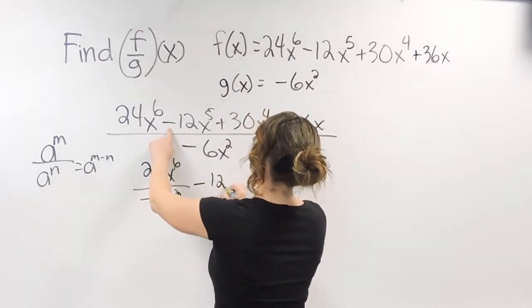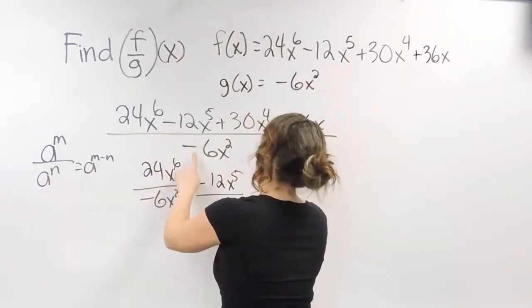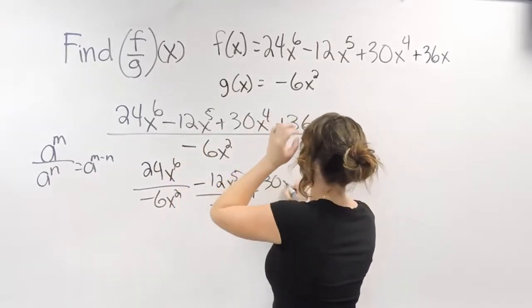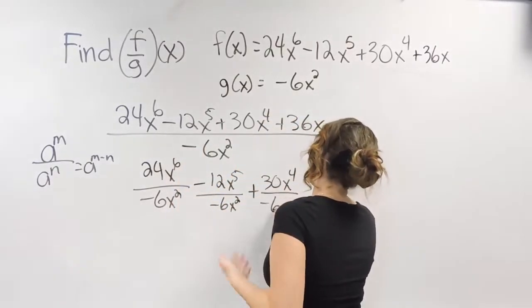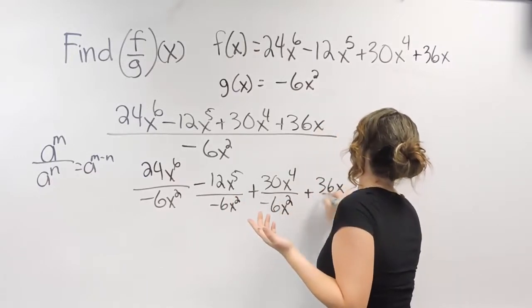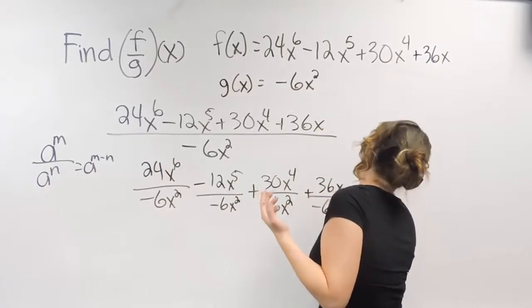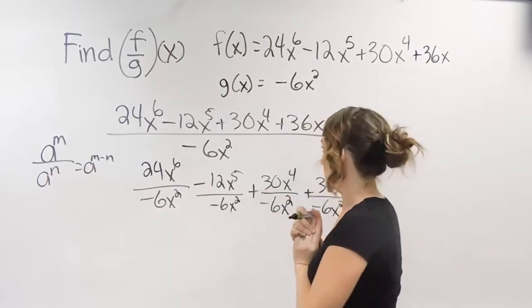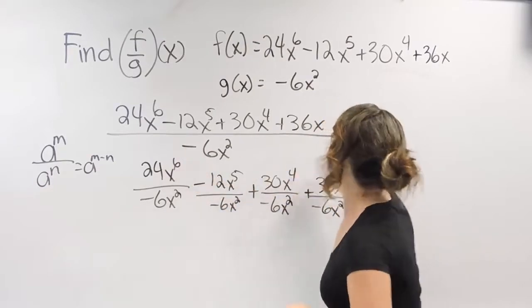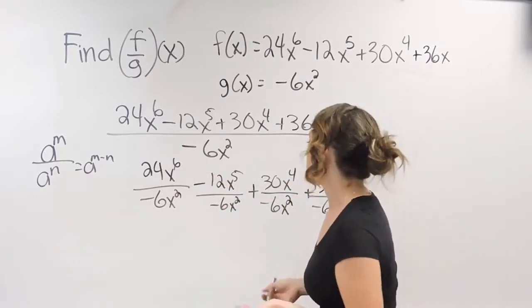Take negative 12x to the 5th and divide it by negative 6x squared. Take 30x to the 4th, and essentially here we're just taking every single thing that we have in our numerator and dividing it by the same denominator. So we have 4 terms in our numerator, so we have 4 different little divisions here.